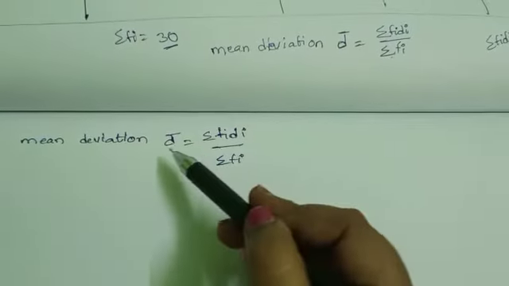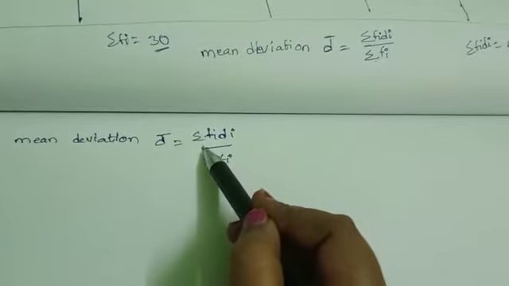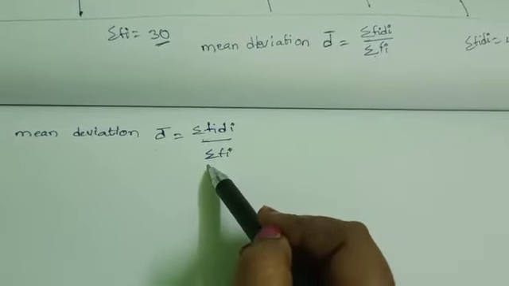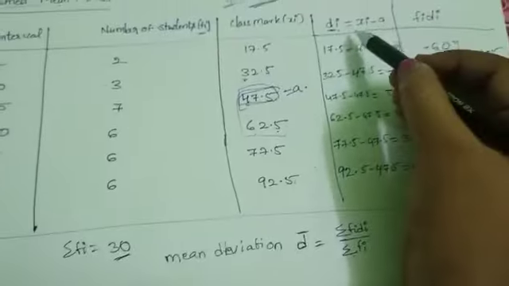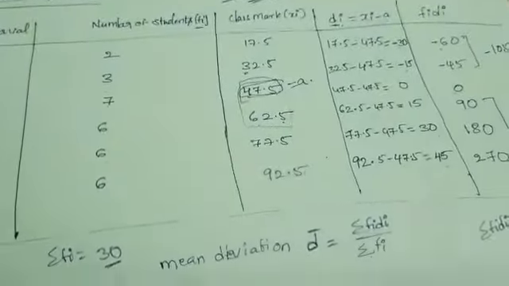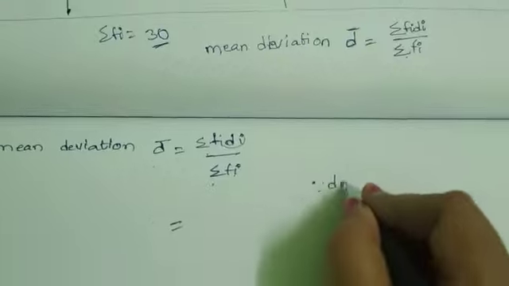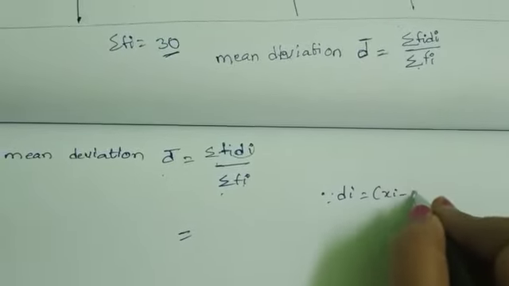Mean deviation d bar equal to summation of fi di by summation of fi. We know di equal to xi minus a.